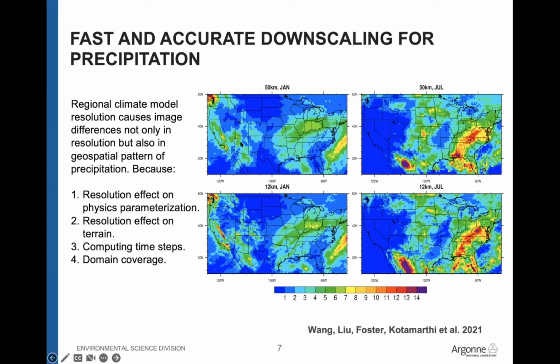Eventually, when you look at the low resolution and the high resolution, they're not exactly like an image at different resolution. There can be differences, not only in the resolution, but also in the magnitude or the patterns.